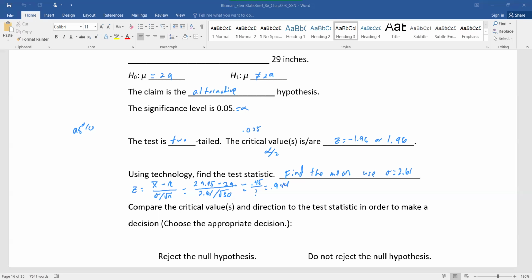So okay, I see what you're saying. So the 0.944 is not outside of the negative 1.96.